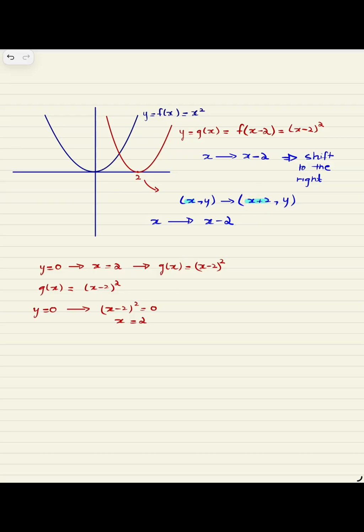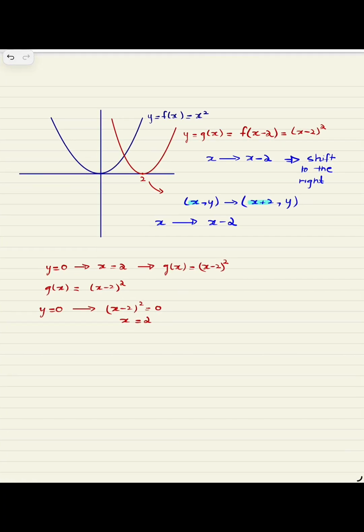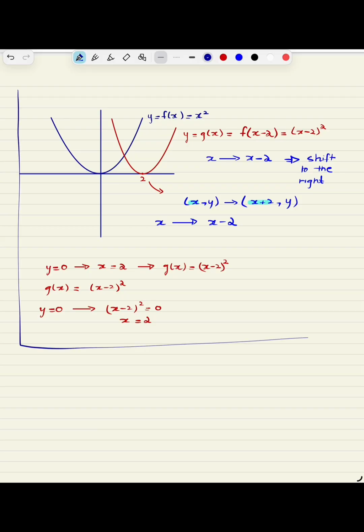But remember, even though this is a bit counterintuitive, you're substituting x minus 2 into the function. Okay, so this representation is different and this representation is different, even though this is counterintuitive, but this is how you're supposed to do it. Okay, so just remember this part. Sorry for the extra explanation, but I hope it was still beneficial for some of you all.